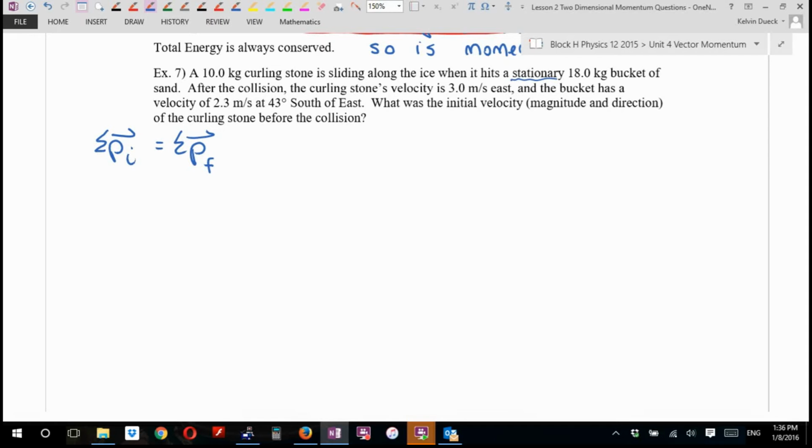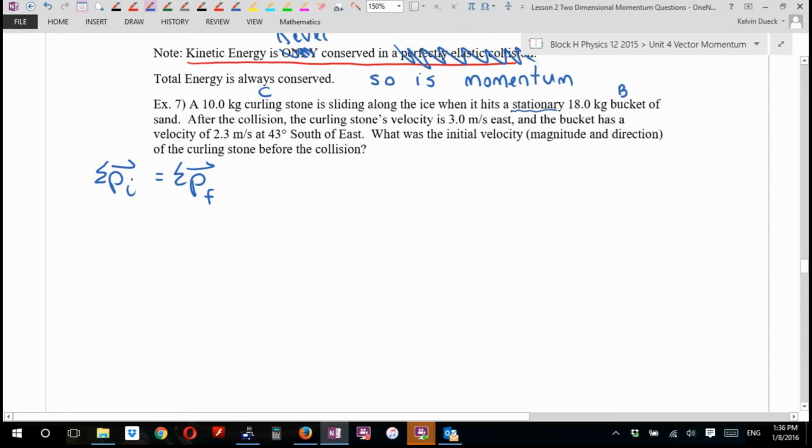Before the collision, how about C for curling stone and B for bucket? Before the collision, what's moving? Mass C, mass B, both or neither? Momentum of object C. Where they collide?